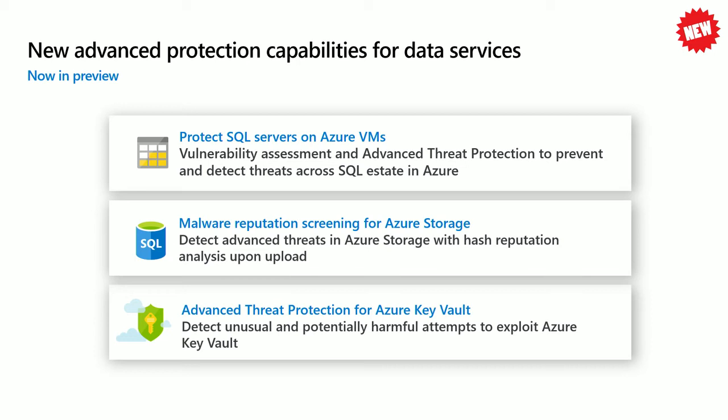The next thing that we have done is actually to add malware reputation screening inside storage, ATP for storage. So every file that you have there, we will take the hash and we will match it against our TI and alert you if this is something that we know to be bad. And we do it in the ingestion pipeline, so it is very fast alerting. Last, and this is very exciting because I think it's first in the industry, the ability to detect advanced threats on Azure Key Vault.